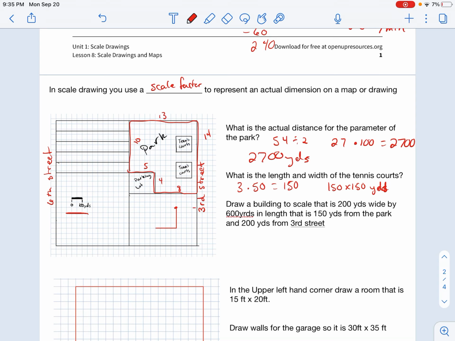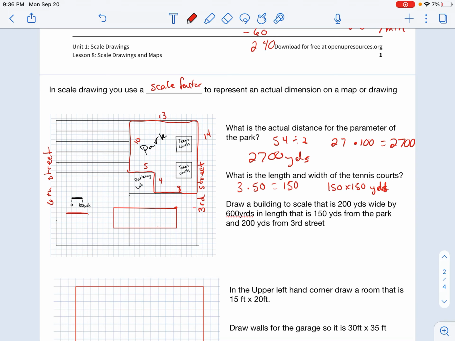So 2, 4, 6, 8, 10, 12. Now we come up our 4, and we just connect it.